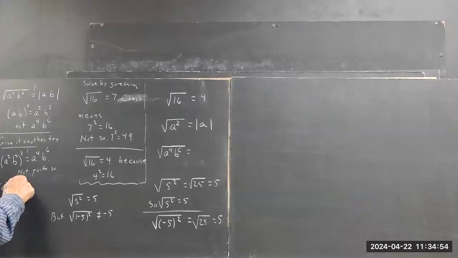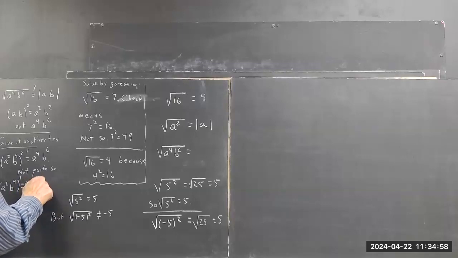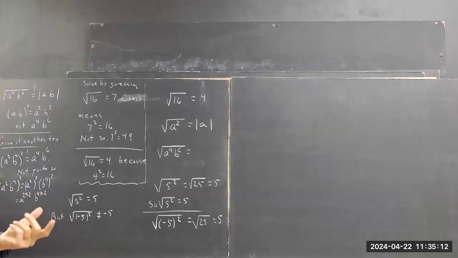A squared b to the fourth, squared, is a squared squared times b to the fourth squared, which equals a to the 2 times 2, b to the 4 times 2 by the rules of exponents, which you need to thoroughly review to understand this section.